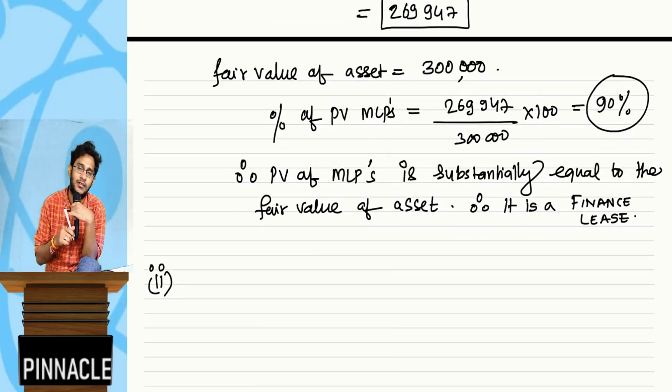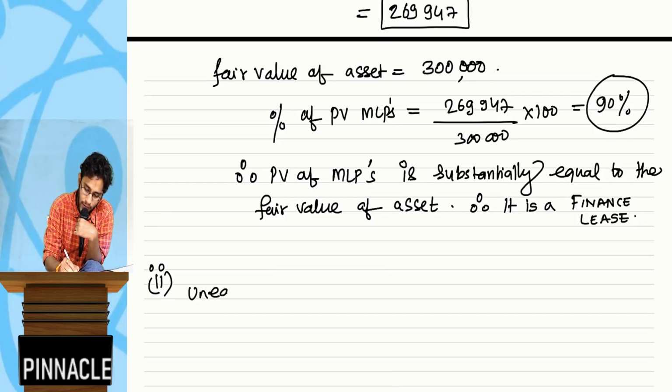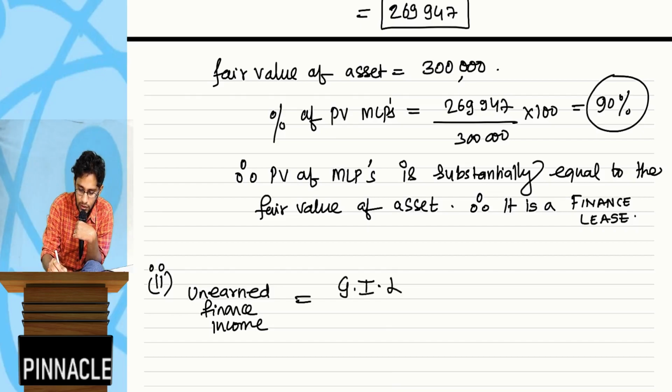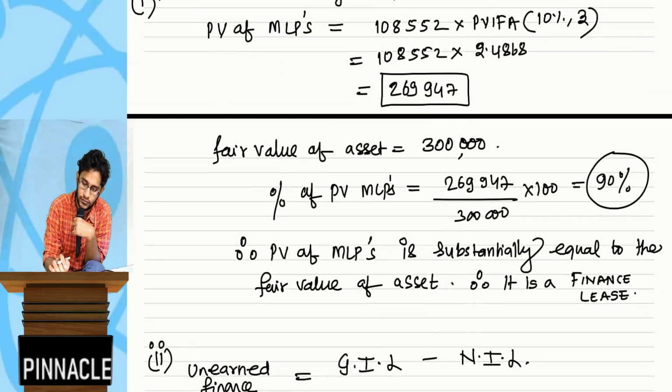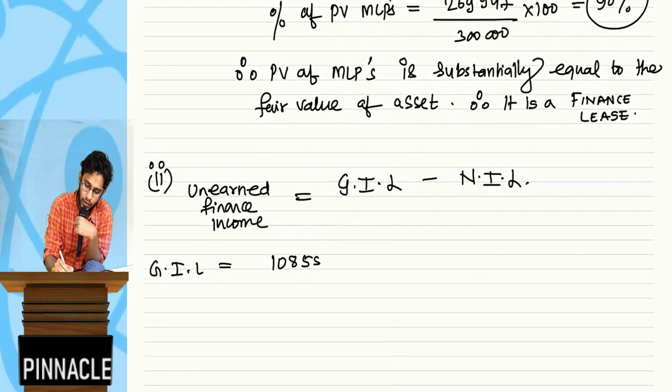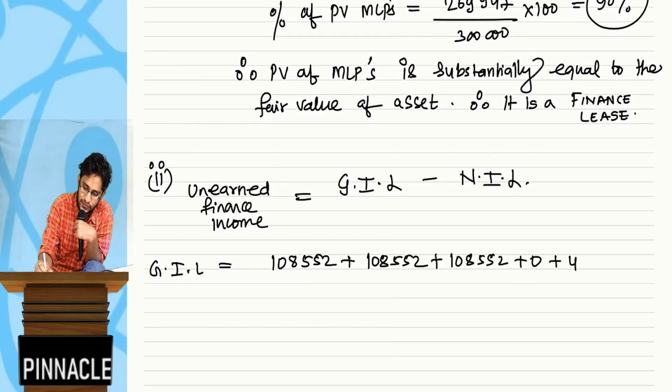Unearned finance income. Unearned finance income is from whose point of view? Lessee, lessor, inky pinky ponky will play. Lessor. Right. Formula: unearned finance income is equal to GIL minus NIL. One by one work out, GIL, NIL, take difference. GIL is equal to 108,552 plus 108,552 plus 108,552 plus 0 plus 40,000.